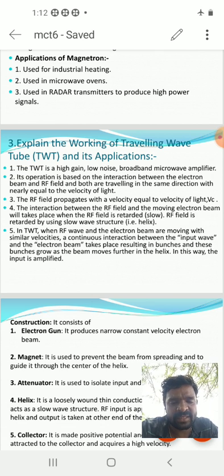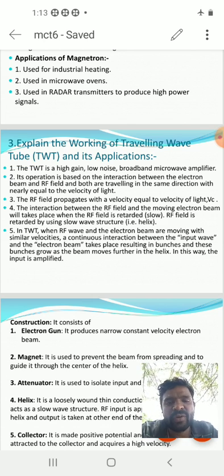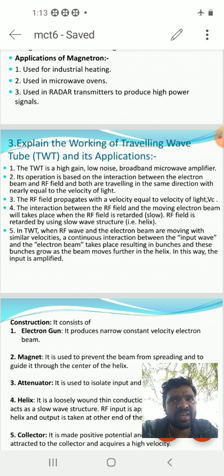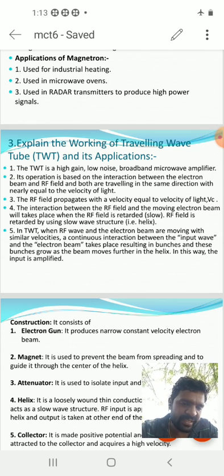This situation is called the bunching process in TWT, the traveling wave tube, and the RF signal gains energy from the electrons because the electron velocity is higher than the RF velocity. So the RF energy is amplified through the electron beam velocity.